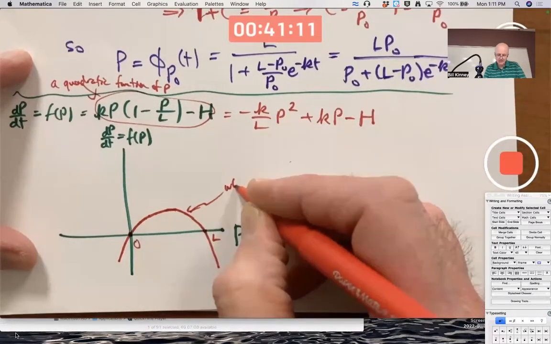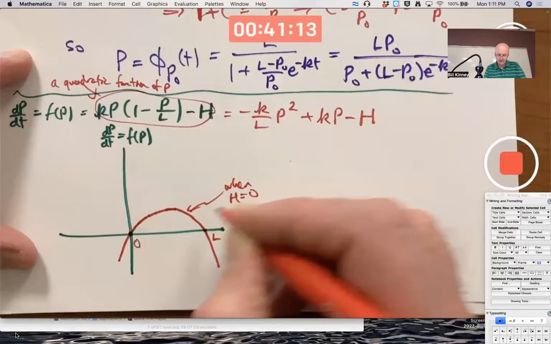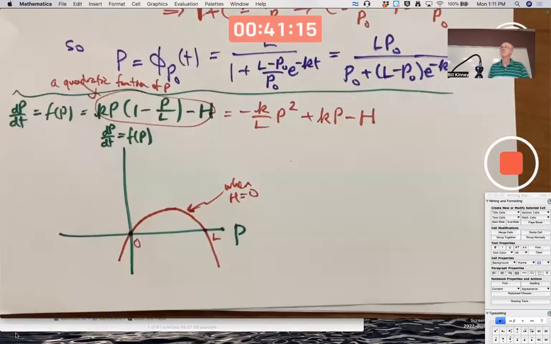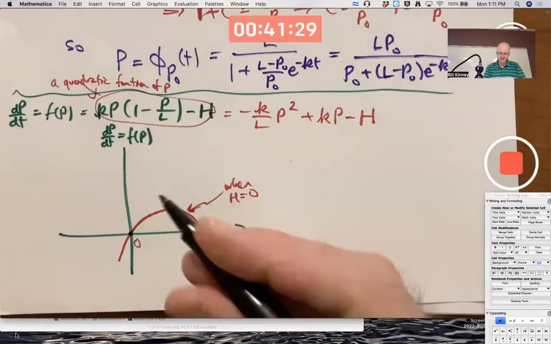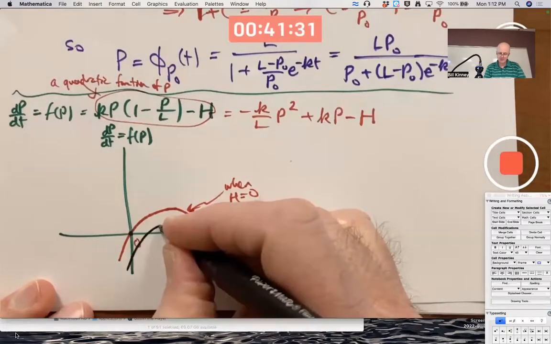And as h increases away from 0, we're subtracting it. The graph is going to shift downward. Maybe look something about like this.